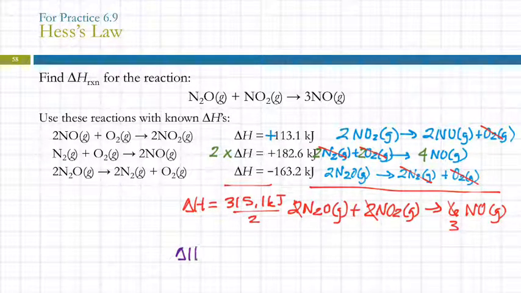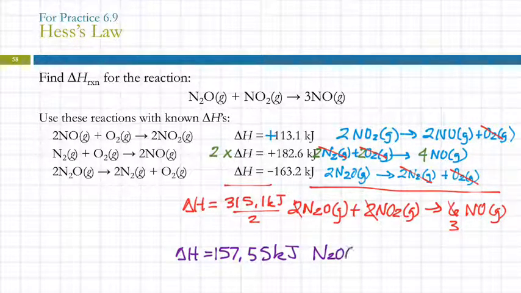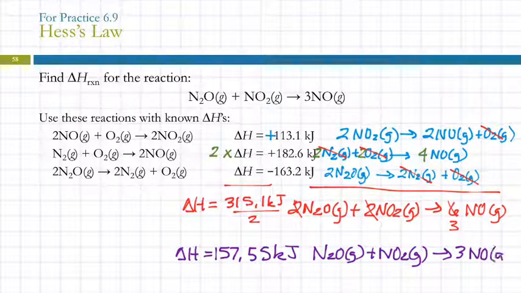So delta H equals 157.55 kilojoules for this reaction: N2O gas plus NO2 gas, making 3 NOs. And in terms of significant figures, this should be just right there. And so delta H for this reaction is 157.6 kilojoules.